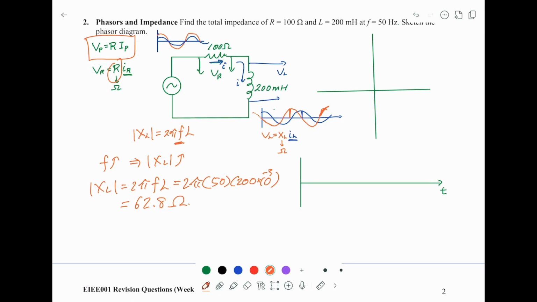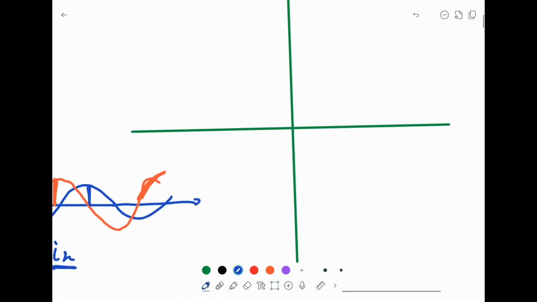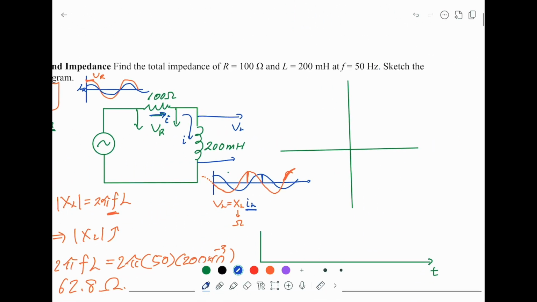Now, how should we plot this one in our phasor? First of all, because the voltage across the resistor, VR, and the current IR are in phase, we can put this along the horizontal axis. So you can say this is I, and this is VR.